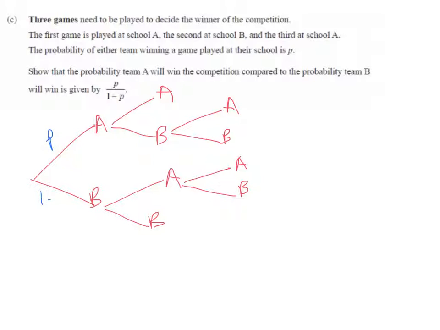It is well worth taking the time to do a tree diagram like this. Okay, so we've got P, 1 minus P, and P, 1 minus P. So notice that the probabilities are reversed for the second batch of games because B is playing at home, so B has probability of P of winning.